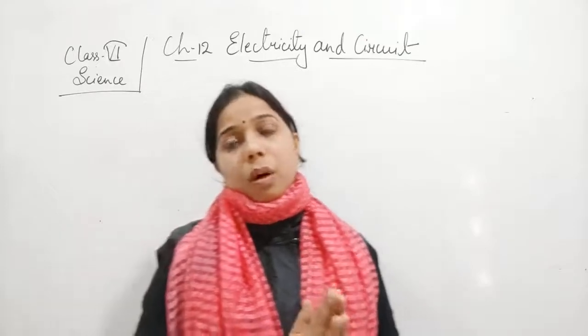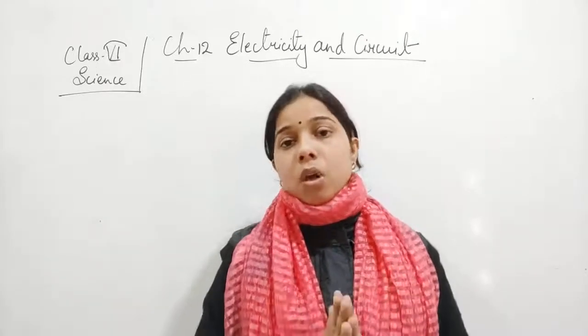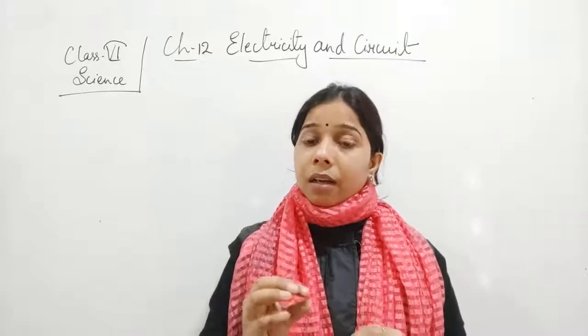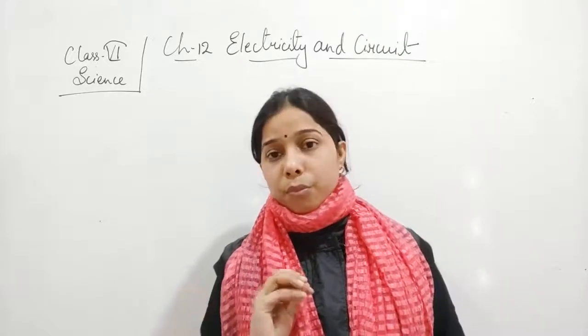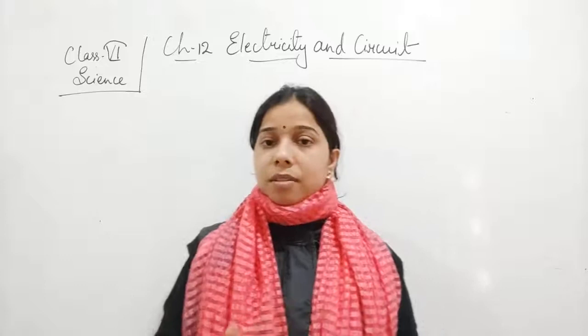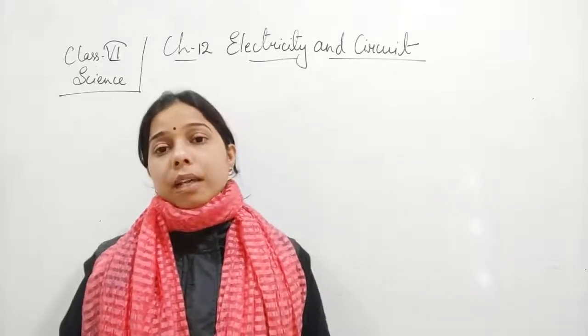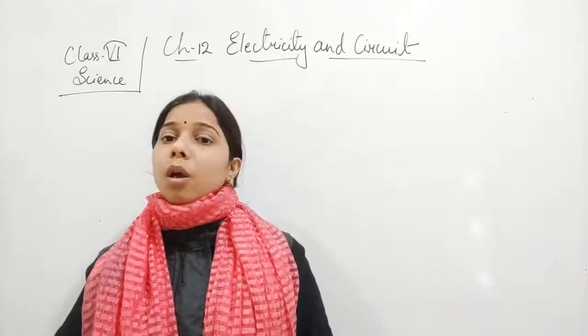So we will call it a closed or a complete circuit, and in a complete circuit the bulb will glow. Okay, so this is about the closed or complete circuit and the open circuit.